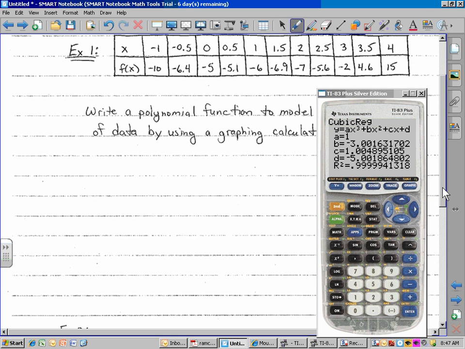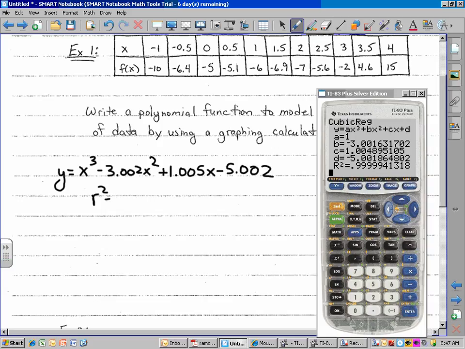So it's y equals 1x cubed, or we just write x cubed, minus 3.002x squared, plus 1.005x, minus 5.002.